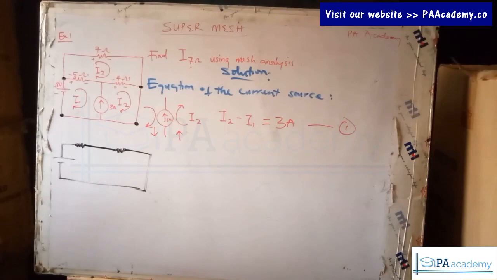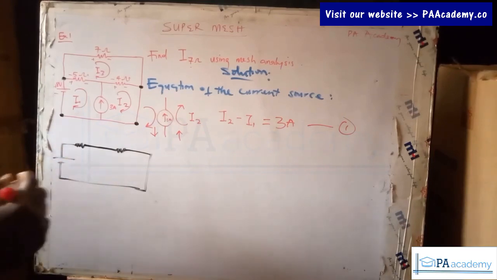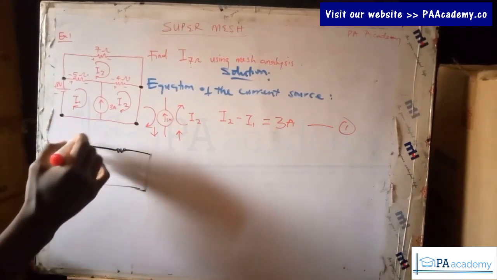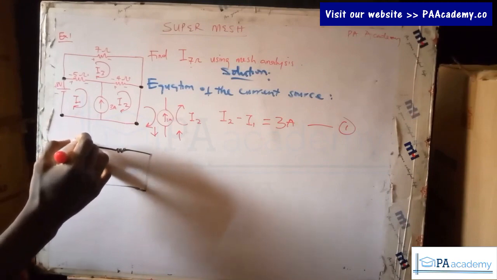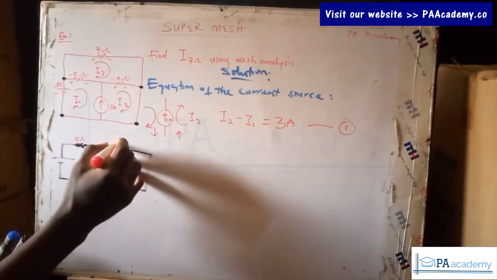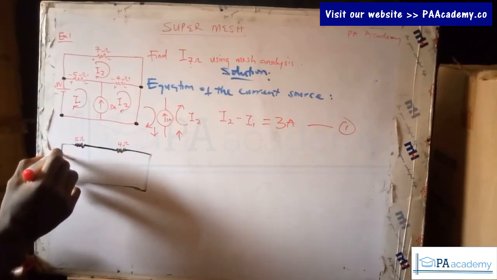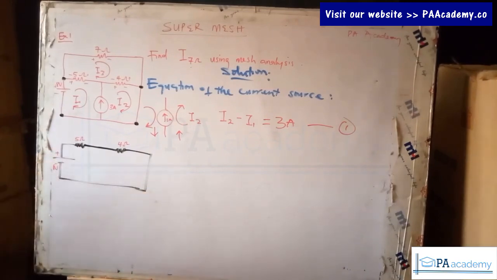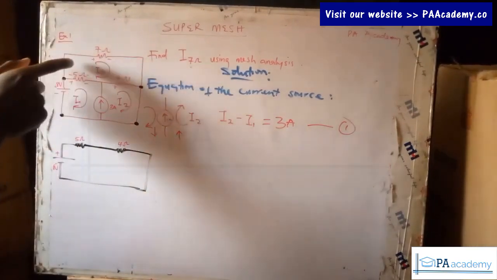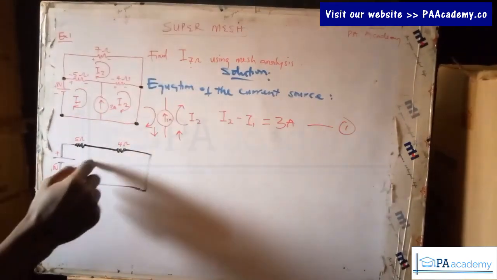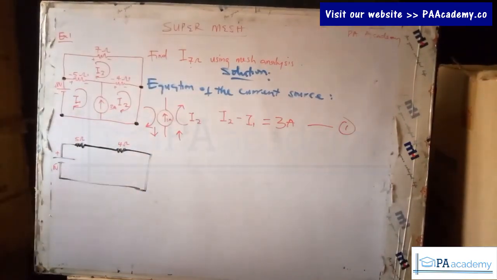Okay, so let's put in the values we are having there. This is 5 ohms, this is 4 ohms, and then this is 8 volts, plus minus. Now we don't need this upper part; we are still going to solve this separately. So this is the super mesh itself.